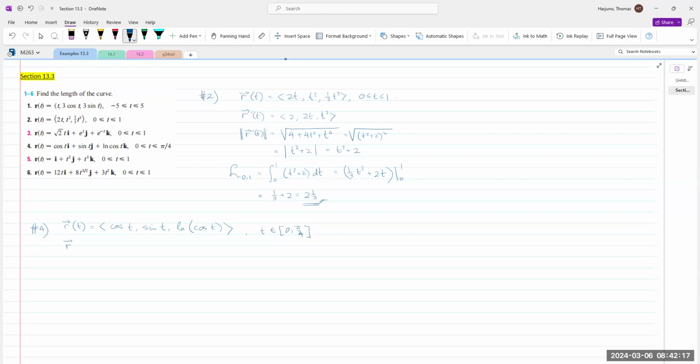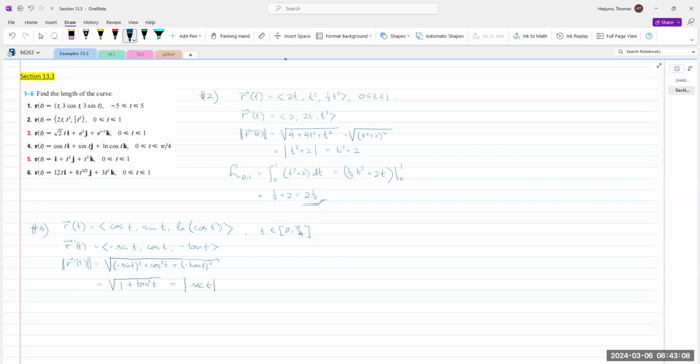Okay, so r prime t will be negative sine t, cosine t, and negative tangent t, whose magnitude is the square root of (negative sine t) squared plus cosine squared t plus (negative tangent t) squared, which will give us the square root of 1 plus tangent squared t, which is the square root of secant squared, the absolute value of secant t.